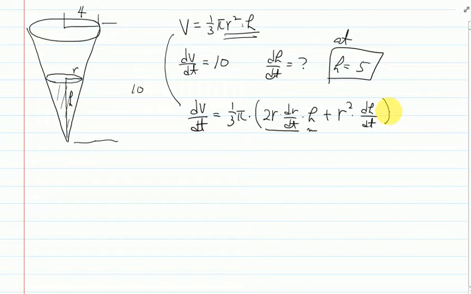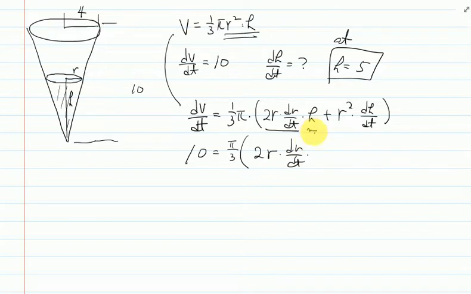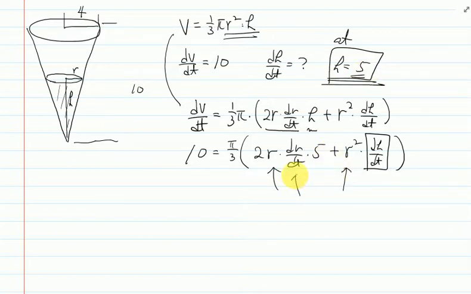So that is 10 equals pi over 3 times 2r, and we don't know dr/dt, times h, and h is 5. Once again, we don't know what r is, and dh/dt is what we are looking for. So all we need is what r is at that specific time, and what dr/dt is at that time.